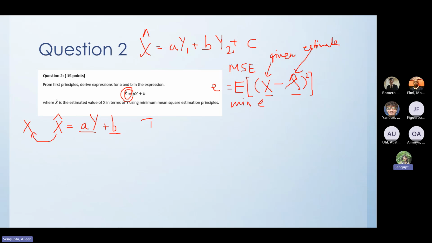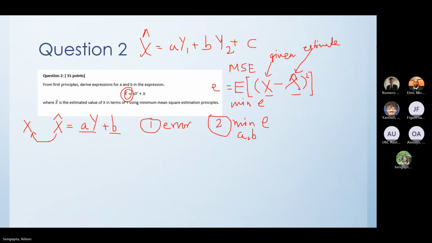And so the first step is to take the error. The second step is to minimize the error, based on A and B. We are going to talk about what minimization really means.